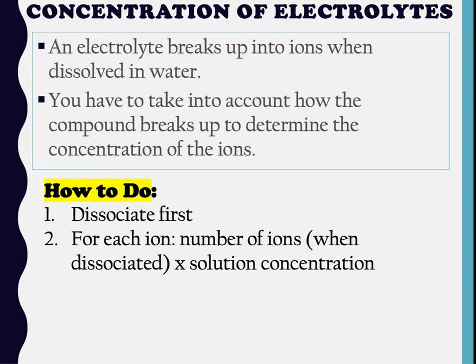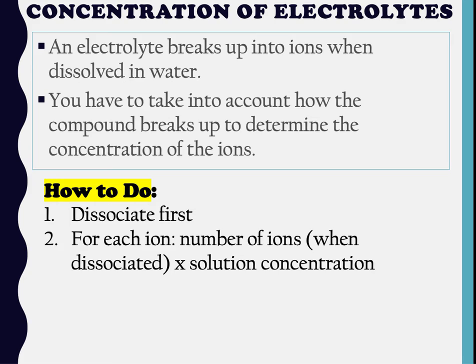So if I put in 1 mole of salt, sodium chloride, that breaks up into 2 ions. So my 2 ions times my original 1, my concentration of ions would be 2. So that's kind of what we do.